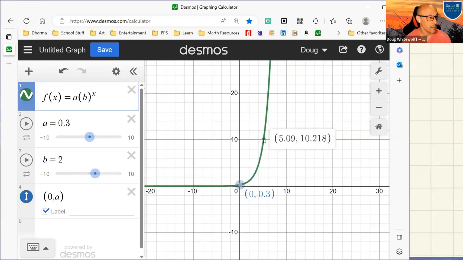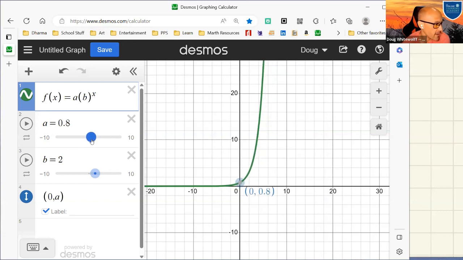So right here, when the x value is 5, the y value is 9.6. So let me change this up.